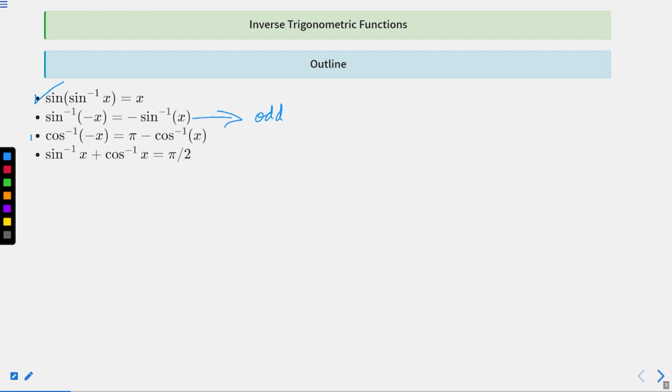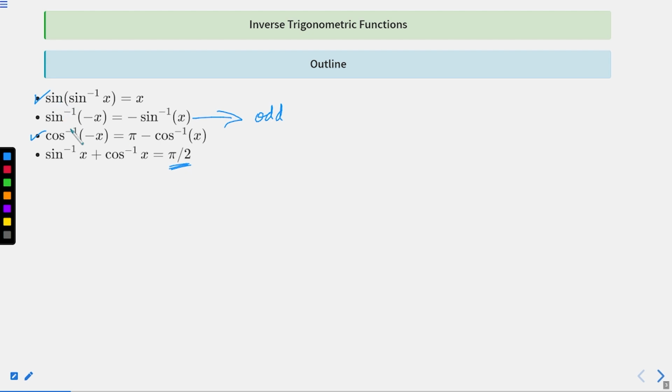Cos inverse of minus x is what? Pi minus cos inverse x, and sine inverse x plus cos inverse x is equal to pi by 2. This will be our main focus, and there are other properties you will be seeing apart from these.